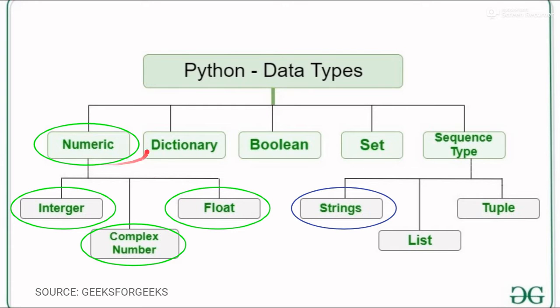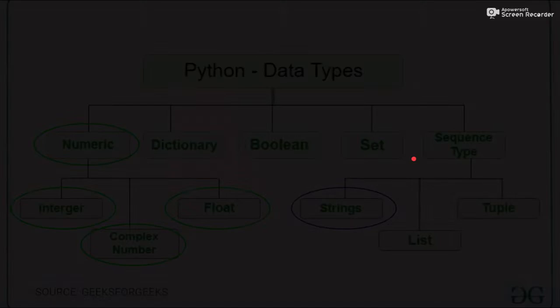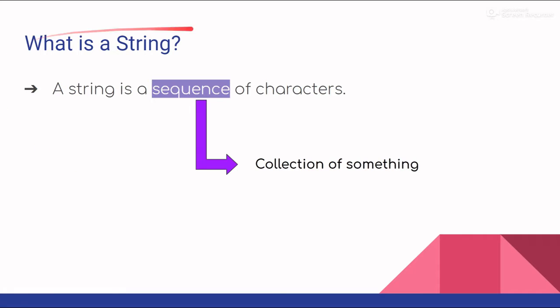We have studied about numeric data type, which further contains integer, complex, and float data types. We are currently studying about strings data type that comes under sequence data type. We have already seen what a string is and some fundamental things about it.